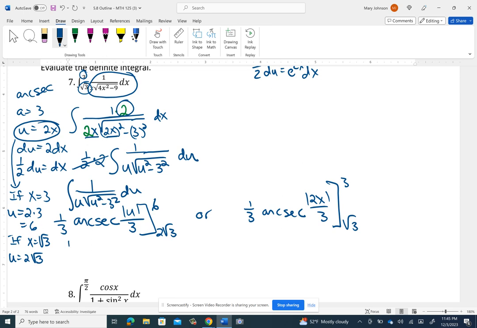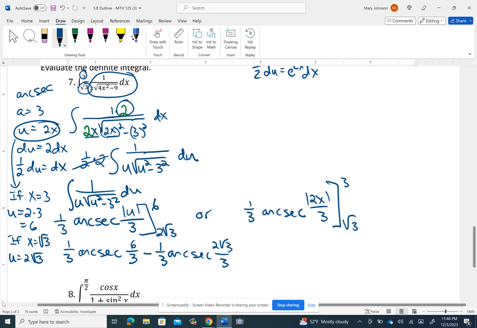So when I put the 6 in up here on top, the 6 over 3, and then I put in the 2 square root of 3 over 3, I've got to understand what the arc secant is really asking me to find.